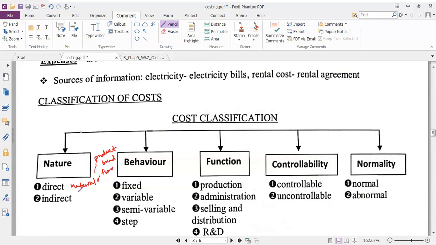Okay, what else is direct material? Direct material to produce clothes.